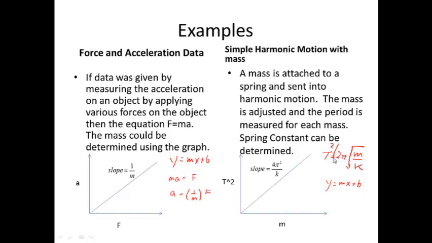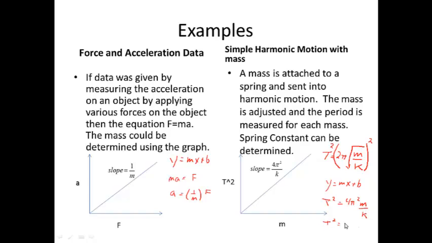So T squared, and square this whole thing. That's clearing out the square root. I end up with T squared equals 4 pi squared m over k. Alright, so now I'm going to separate my graphing variables.